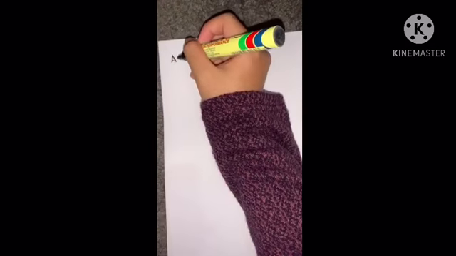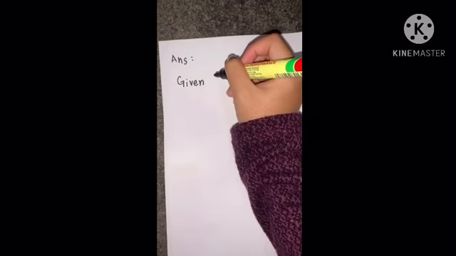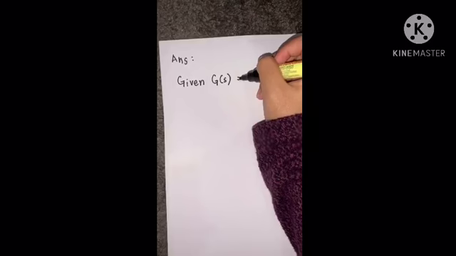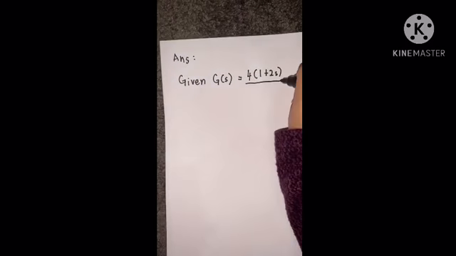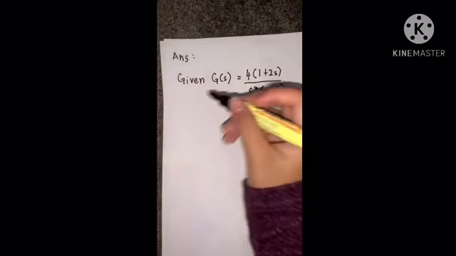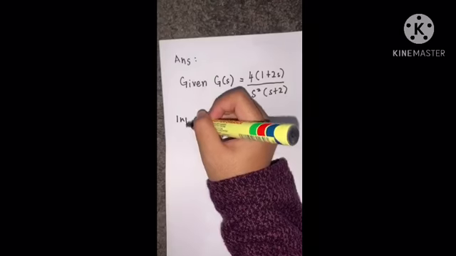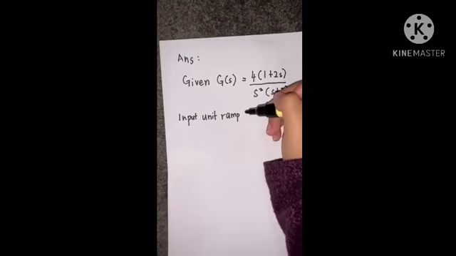So I'm going to explain about the solution of the question. Given in the question, this transfer function, and the question also said that the input system equals a unit ramp.